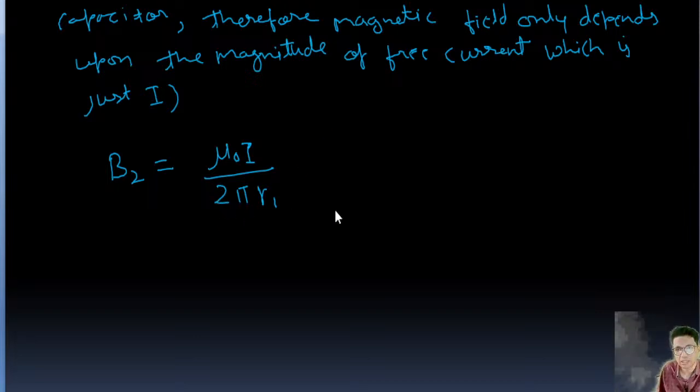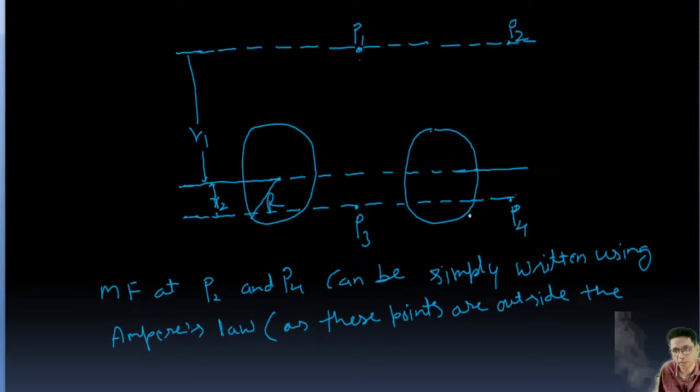Similarly, B4, which is a function of R, is going to be mu 0 I upon 2 pi R2, because R2 is the transverse distance of P4 from the line joining the centers of the capacitor.